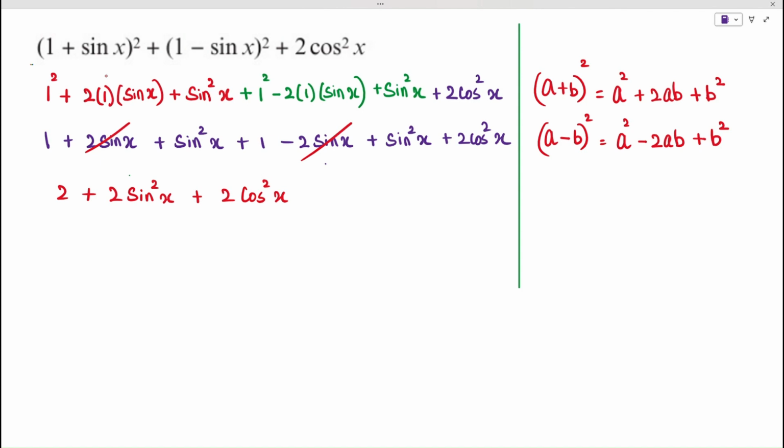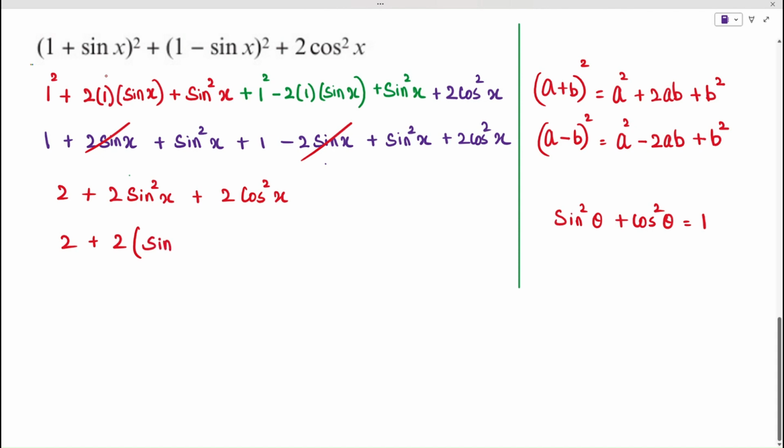Now we can use one of our trigonometric identities. The one we're going to use is sine squared theta plus cos squared theta is equal to 1. In our equation here, we have 2 plus, and then we factorize 2 out of our sine squared x value and our cos squared x value.